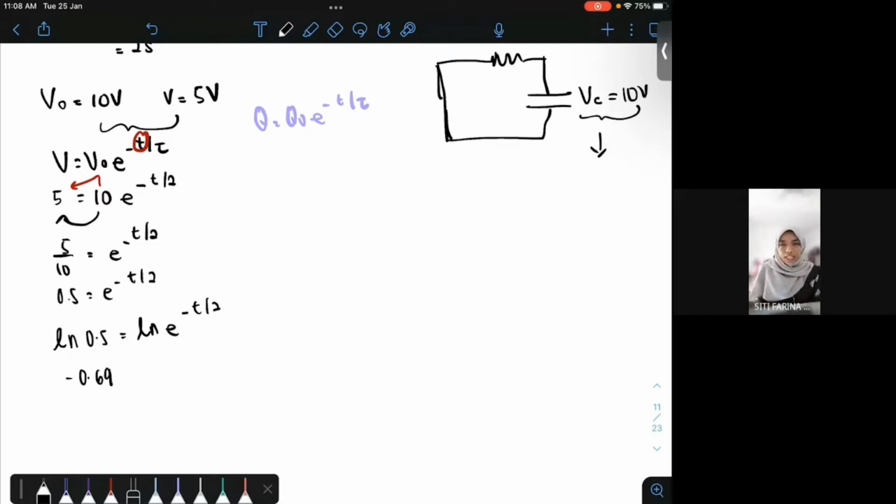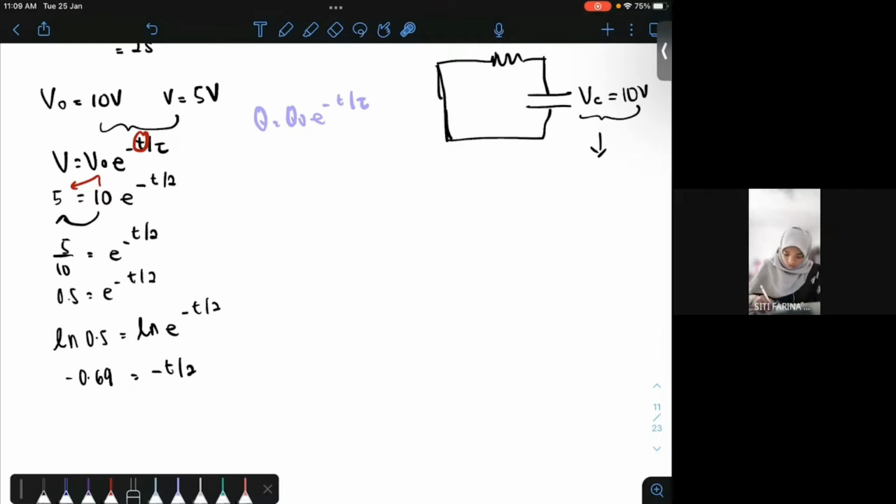Alright, and then ln eksponen, right, dia terus hilang. Okay, setiap kali kita ln eksponen, what you get is T over 2. Power ini akan terus turun. Okay, ln eksponen hilang, terus the power go down. Okay, right?